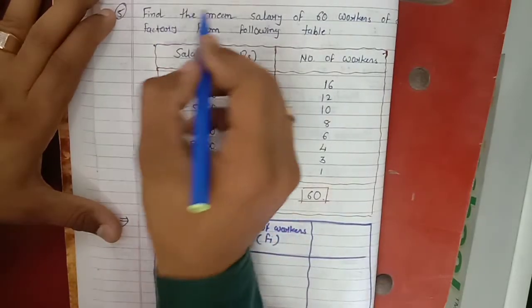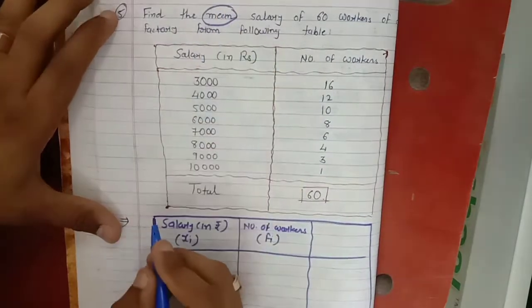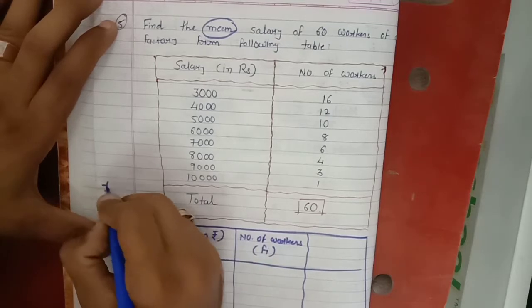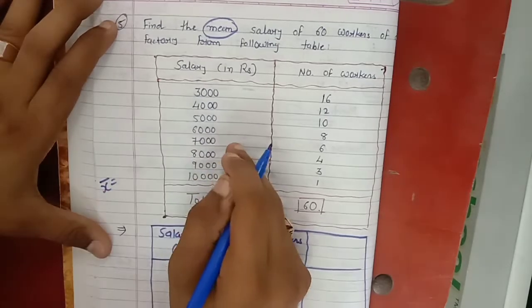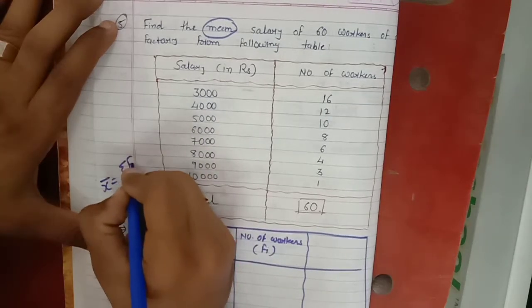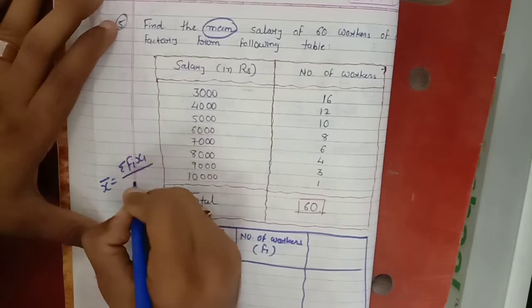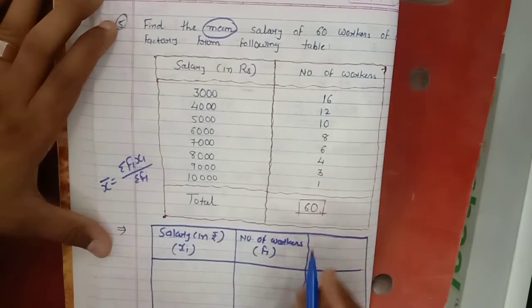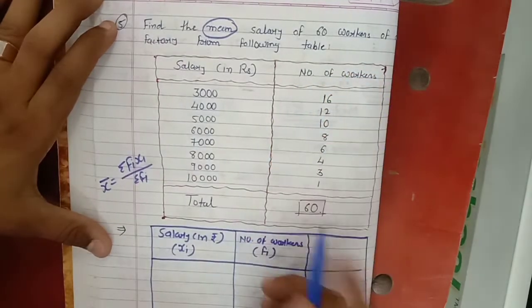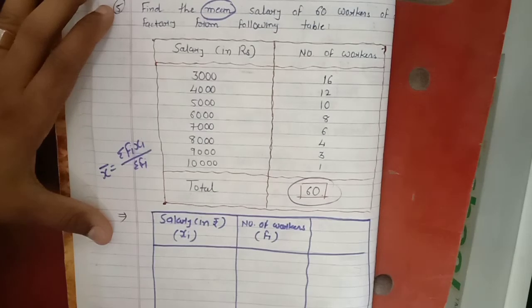You have to find what? Mean. You know the formula of the mean is what? In tabular form, x bar is equal to sigma fi xi divided by sigma fi, the sum of frequency. Sigma fi is already given, 60.